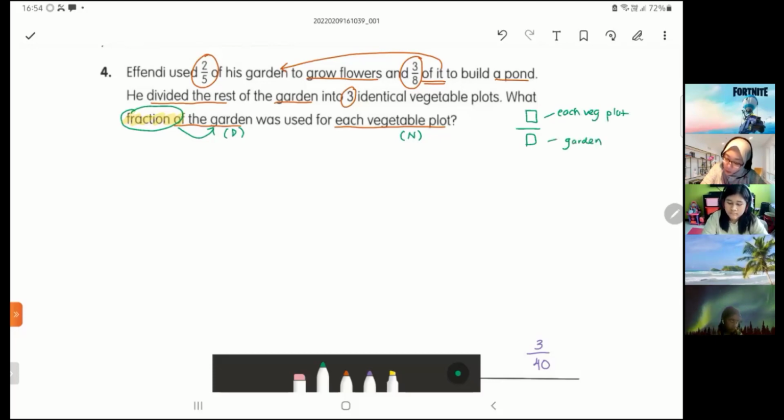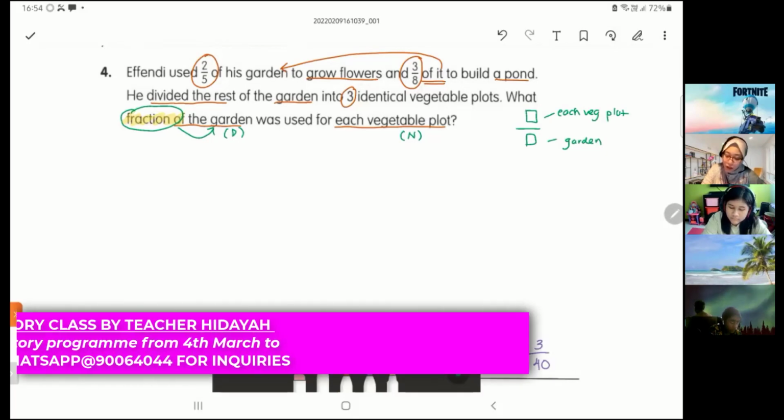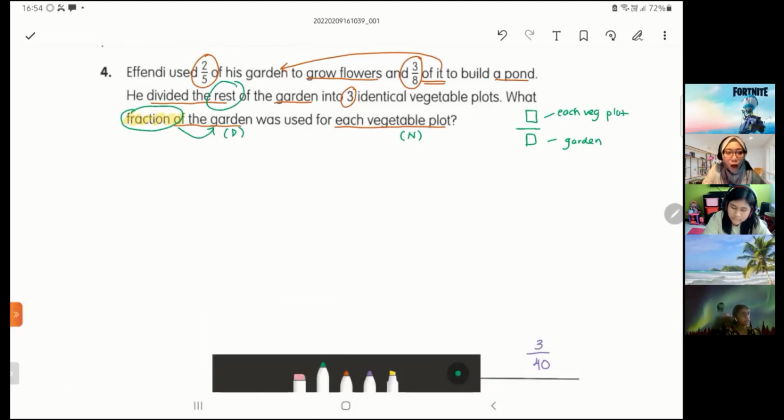All right, so we know we want this. Let's focus on finding that fraction. Right now, we know that he used 2/5 to grow flowers and 3/8 of it to build a pond. I want to find the rest first. The rest means the leftover, the remaining part. So what must I do? I have to subtract.